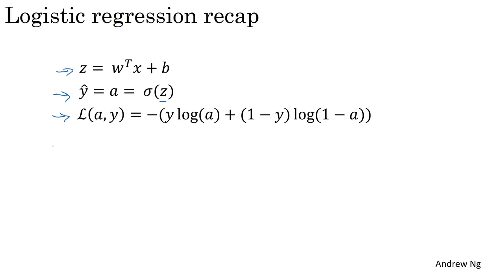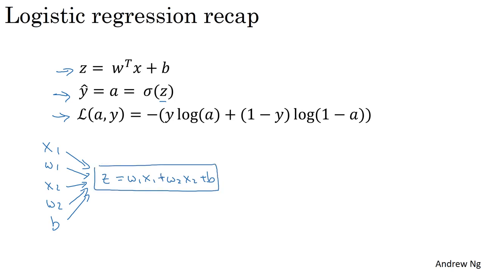For this example, let's say we have only two features, x1 and x2. So in order to compute z, we'll need to input w1, w2, and b in addition to the feature values x1 and x2. These things in our computation graph get used to compute z, which is w1 x1 plus w2 x2 plus b.